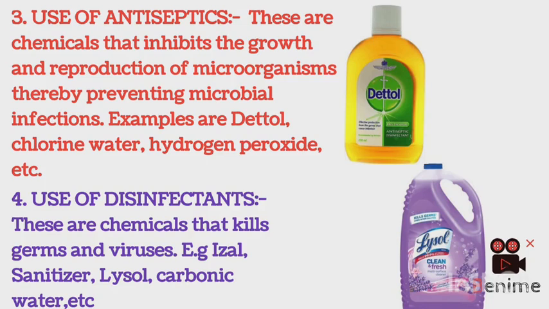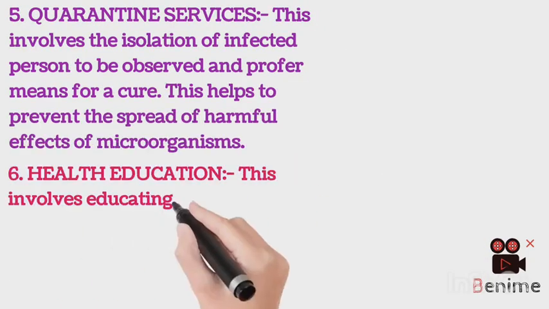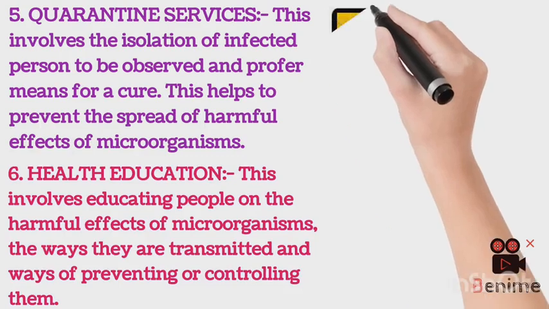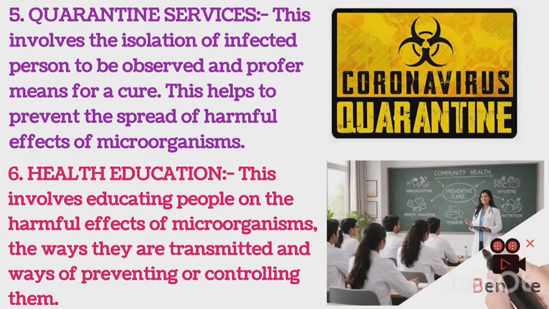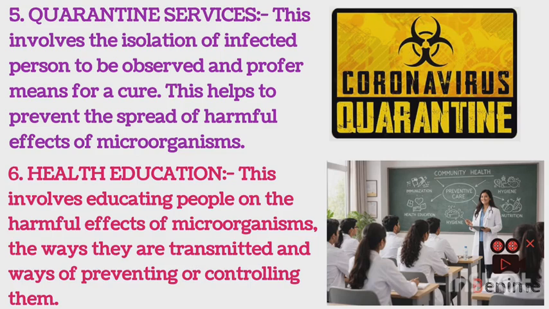Let's move on to the next way to control microorganisms: quarantine services. This involves the isolation of an infected person to be observed and given a cure, which helps to prevent the spread of the harmful effects of microorganisms.